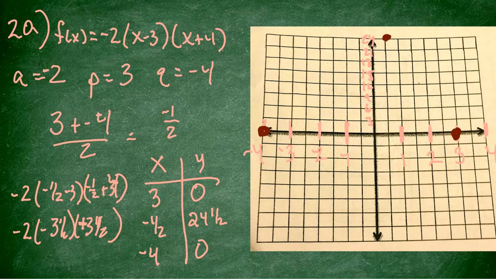My dot is negative 1/2, so that dot should have moved from there to negative 1/2 right there. That makes more sense, because now I'm going to put my dotted line in the middle. And that's the main reason I use the dotted line, in case I make a mistake on the graph.